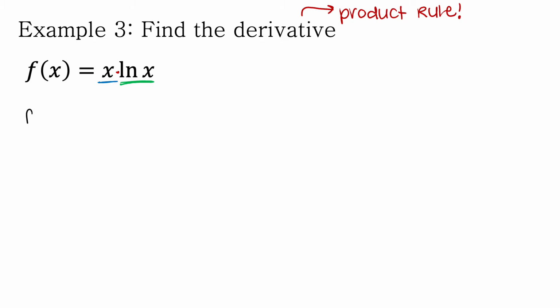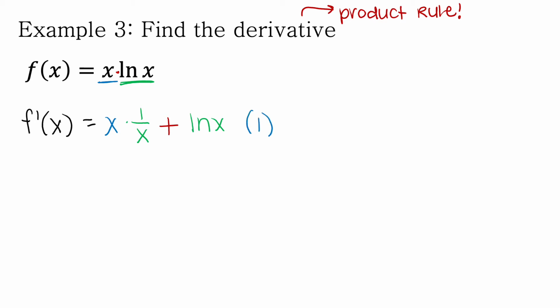So when we go to take our derivative, f prime of x, we're going to keep our first function x, and then multiply by the derivative of our second function, and the derivative of the natural log of x is just 1 over x. Then we will add our second function, the natural log of x, times the derivative of our first function, and the derivative of x is just 1.